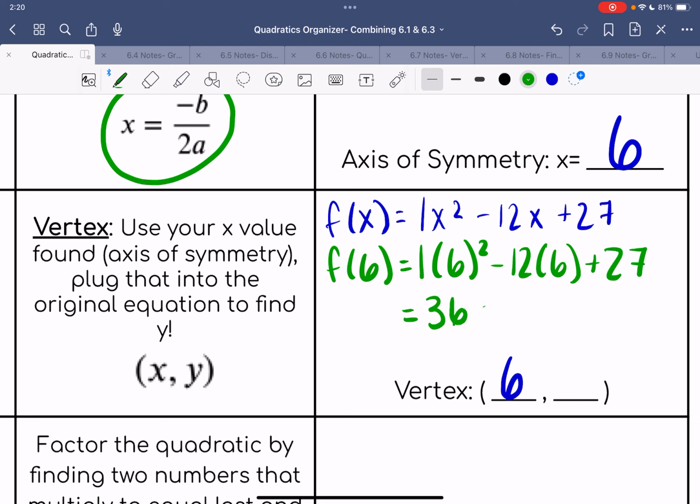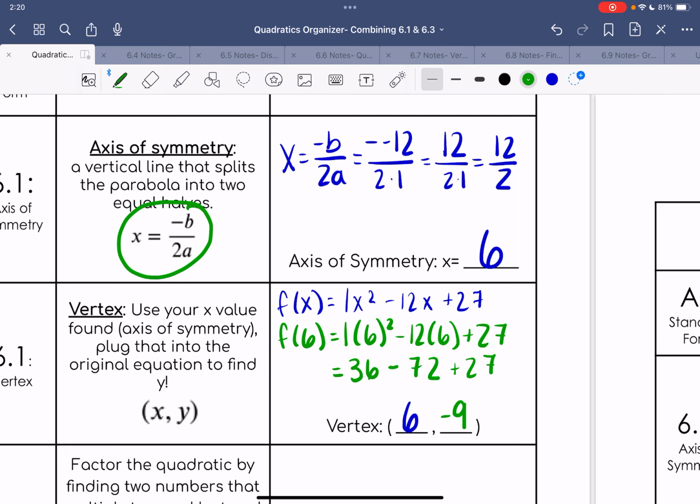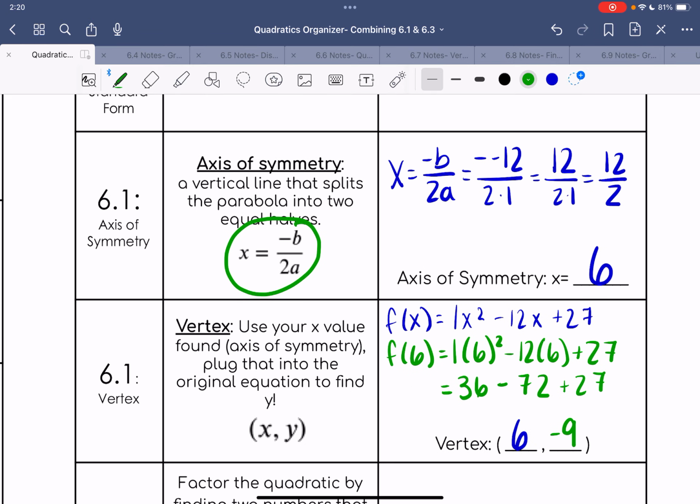Negative 12 times 6 is negative 72 plus 27. So 36 minus 72 is negative 36. Negative 36 plus 27 is negative 9. And we could use that, or we could use our calculators to solve that out, like we did when we did 6.1. Okay, so that is a review of what we did in 6.1, finding our axis of symmetry and our vertex.